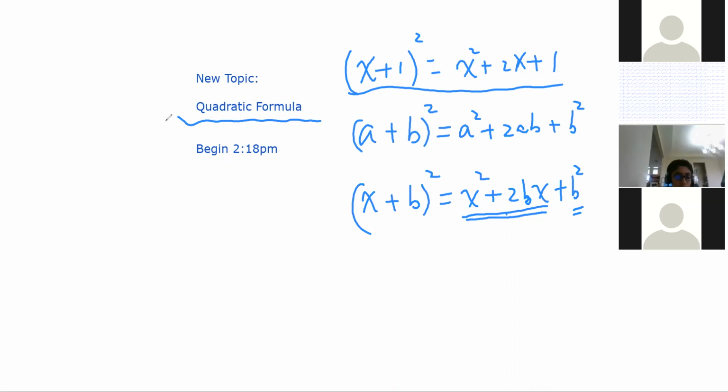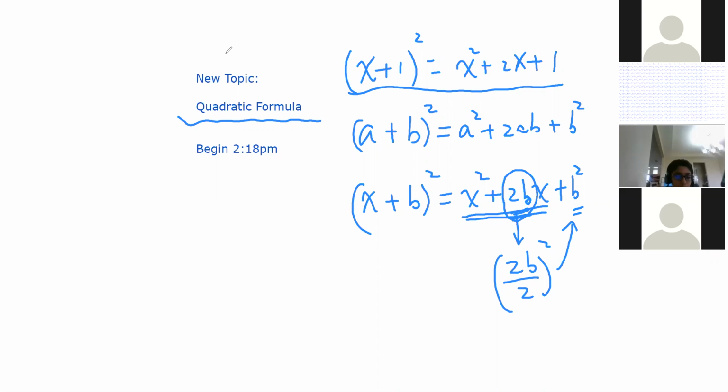You can notice the coefficient of this term is 2b. Just take half of that, 2b, half of this one, and square it. That's where we get this term.